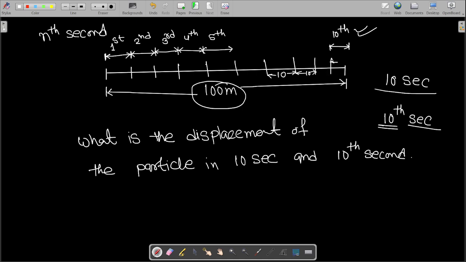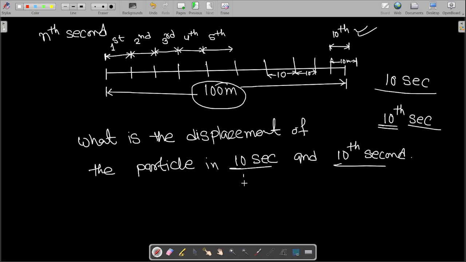So here also it covered 10 meter. So can you tell me what is the displacement in 10 second and in the 10th second? Sir, in 10 second the displacement is 100 meter.